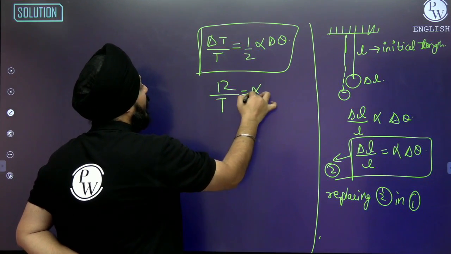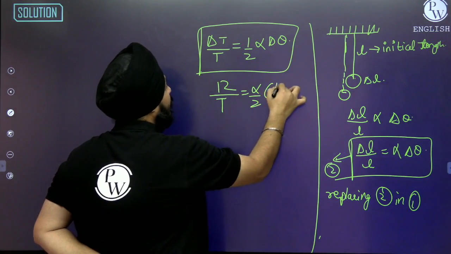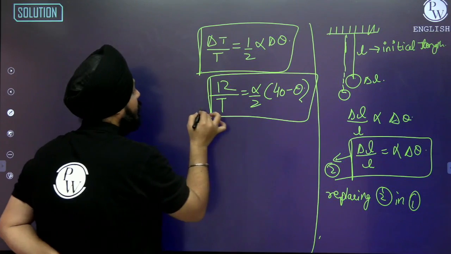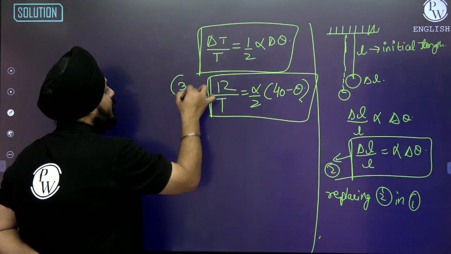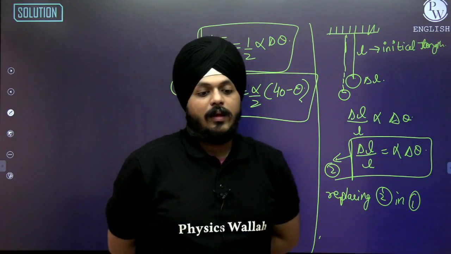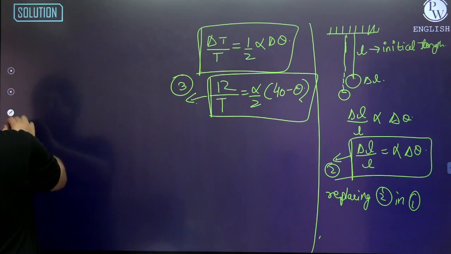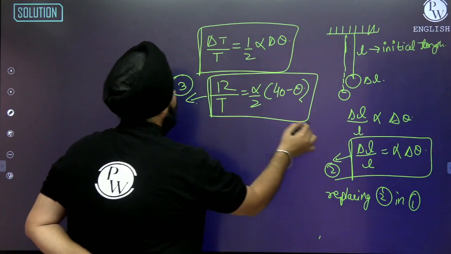And that is equal to alpha by 2 into, what will be the theta? 40 minus theta. Consider this as equation number 3.